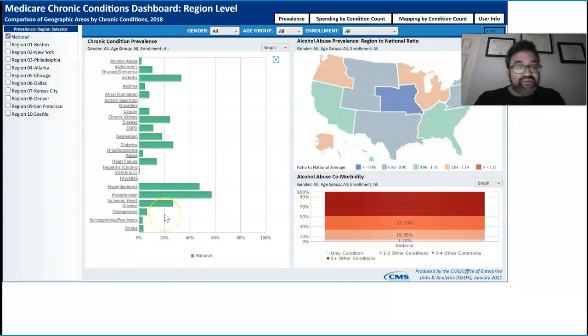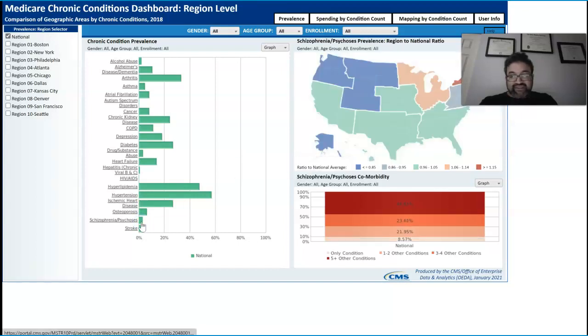So here are all the conditions once more, and some of these are actually a little different than what was covered in the previous dashboard. One that really jumps out to me is schizophrenia. Because it's there and I'm interested in mental health, I see that the prevalence of schizophrenia nationally is 2.95%. Now let's take a look at a couple places here.